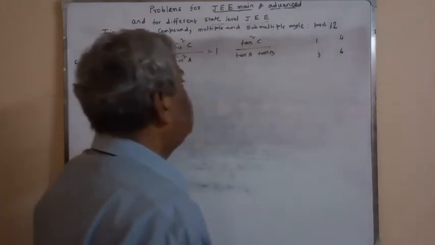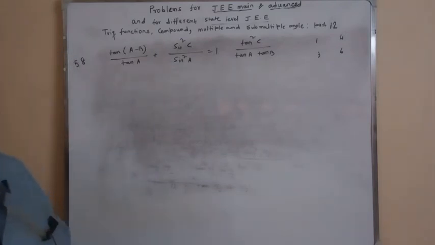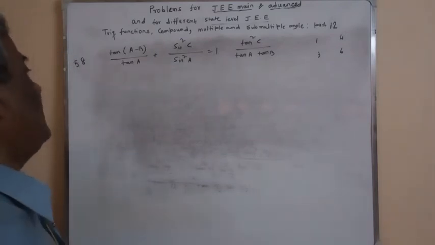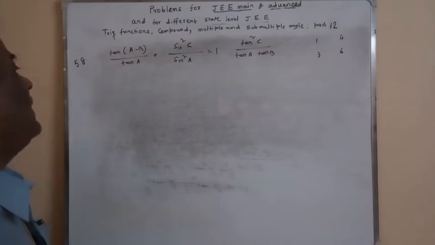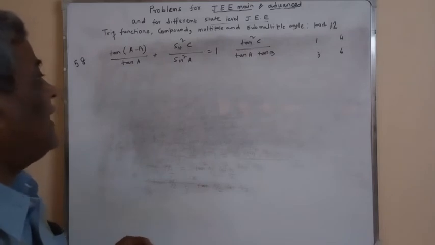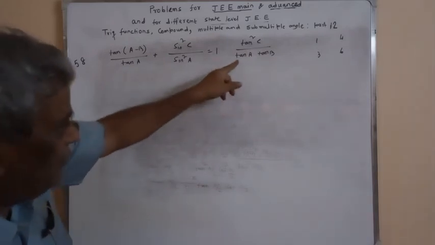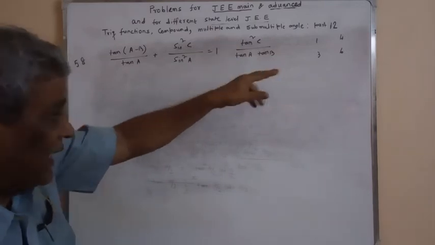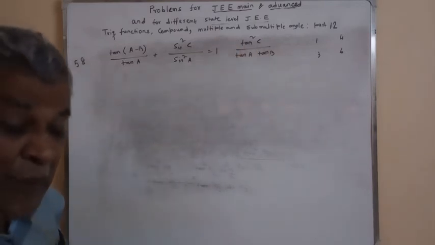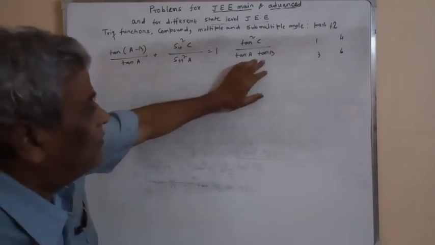So once again we are given a trigonometric relation involving tan, sine, etc. And three angles are there, A, B, and C. From there, we have to find the value of that, and all are given in terms of numerical options. Therefore, we have to find the numerical value of that.